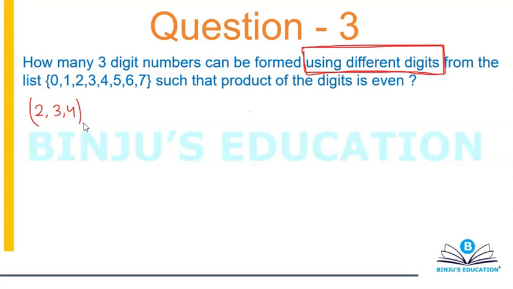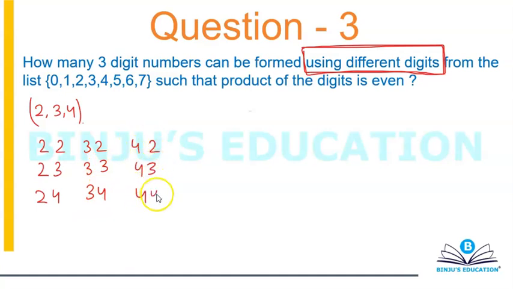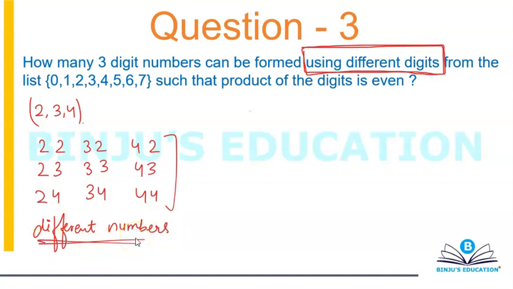You will say, okay, I have 2, 2 as one possibility, then 2, 3, 2, 4, 3, 2, 3, 3, 3, 4, 4, 2, 4, 3, and 4, 4. These are all different numbers. This is not the question.